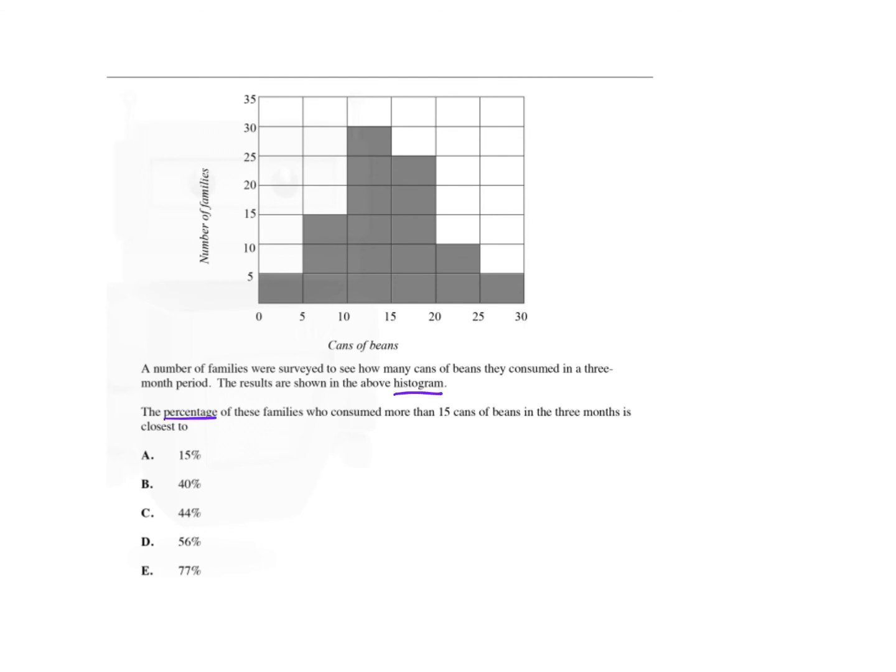The percentage of these families, so we know we've got to do the amount over the total times 100, that consumed more than 15 cans of beans. So more than 15 cans of beans would be this way. If you count up, this one was 25, this one was 10, and this one was 5.